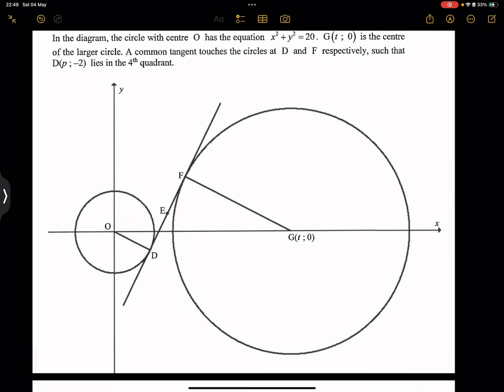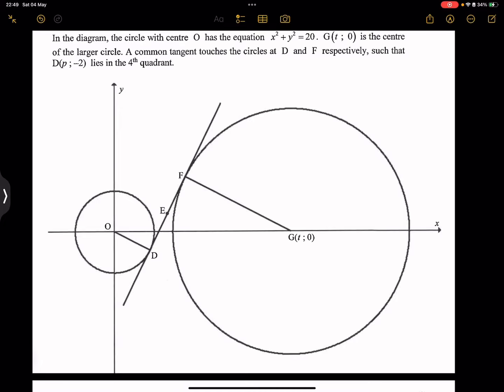They say to us in the diagram, the circle with center O has an equation x squared plus y squared equals 20. G, which is t and 0, is the center of the larger circle. A common tangent touches the circles at D and F respectively, such that D is P and -2.